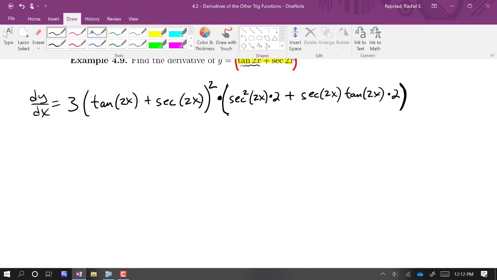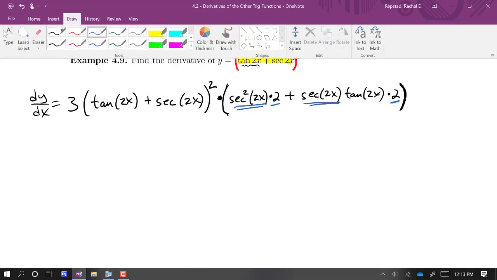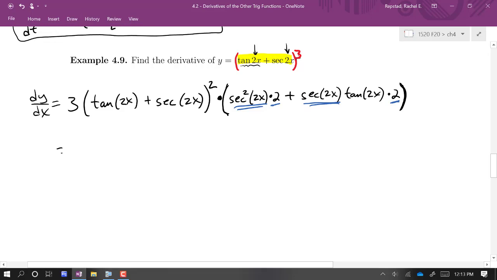So to simplify, I'm going to focus on the stuff at the end, what we wrote out for the chain rule. We have some common factors. We have a common factor of 2, and we have a common factor of secant 2x, right? It's important that it's not just secant, but it's secant of the same argument. That's what makes it a common factor. So I'm going to take that out of that set of parentheses.